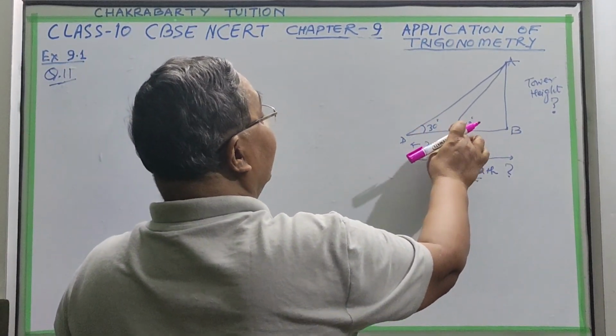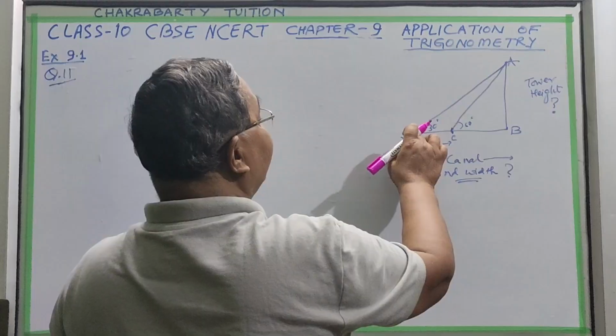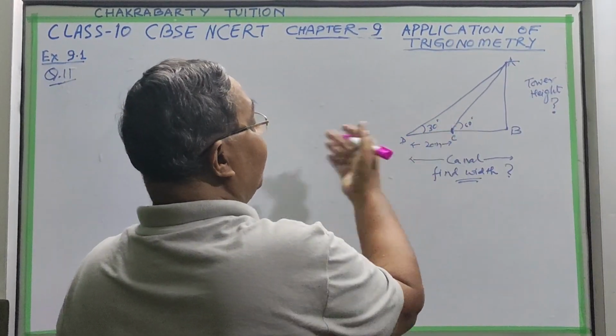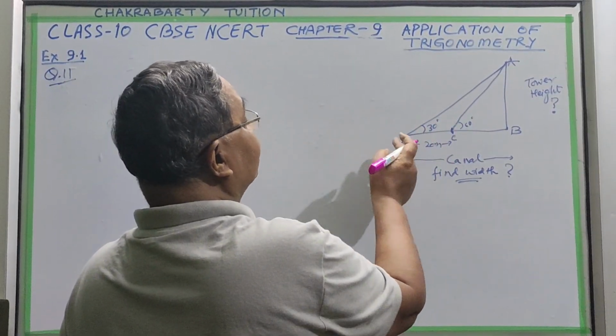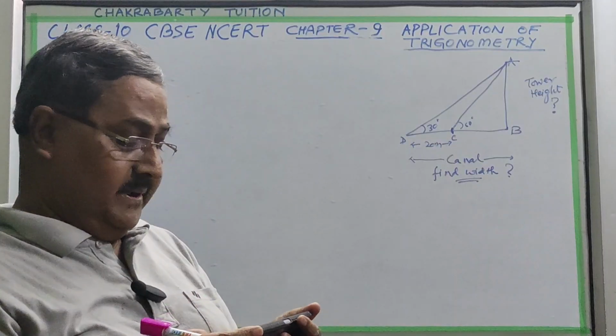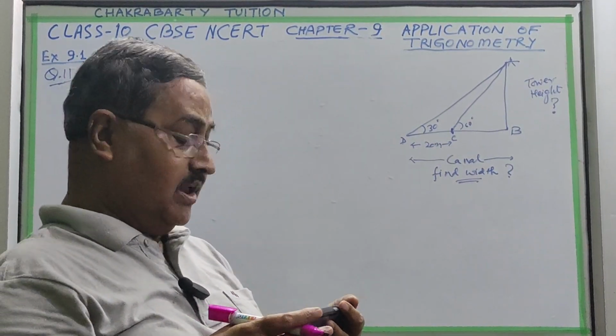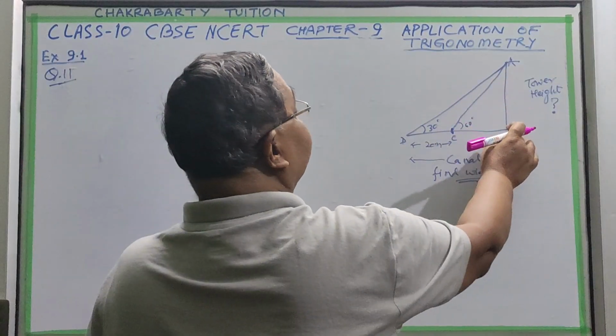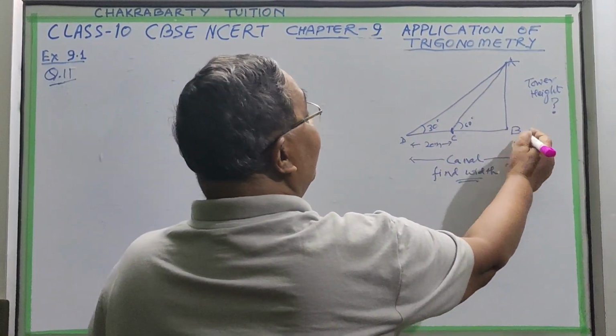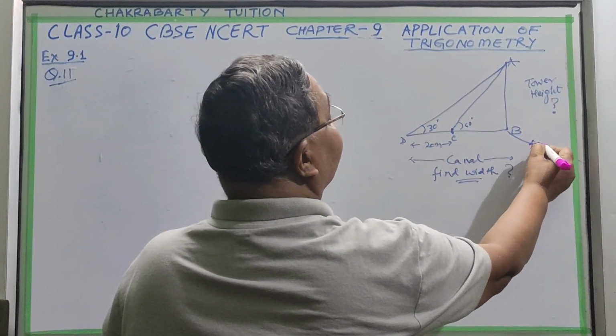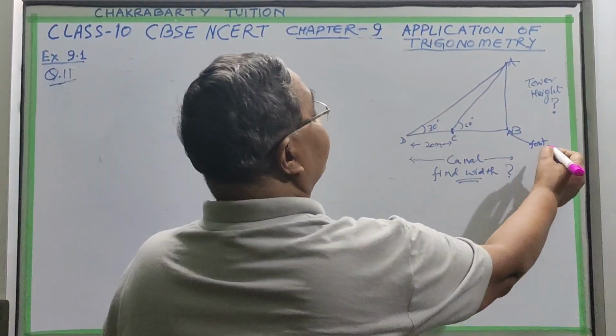From this point you have to go 20 meter away. Away means at a distance. The line joining this point to the foot of the tower. This is the foot of the tower. Line joining the foot of the tower.